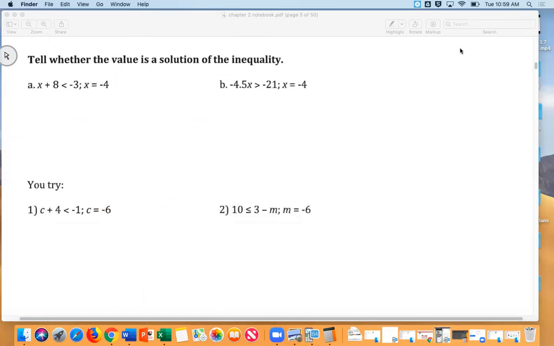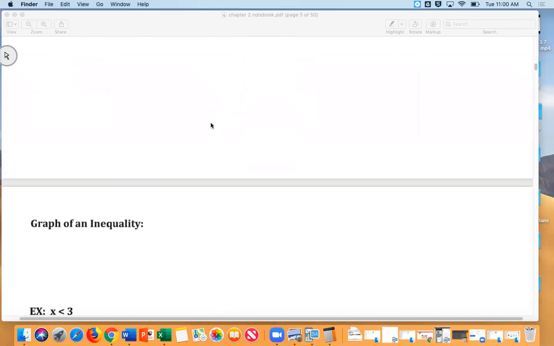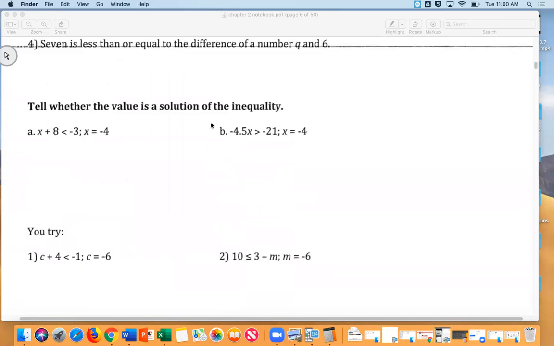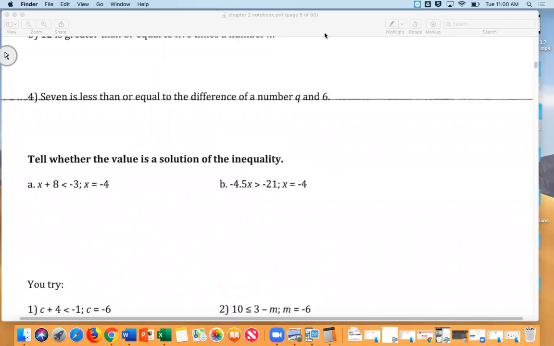All right, so I'm going to stop right there before getting into these solutions. We're going to take a break on this stuff and move on to that later.